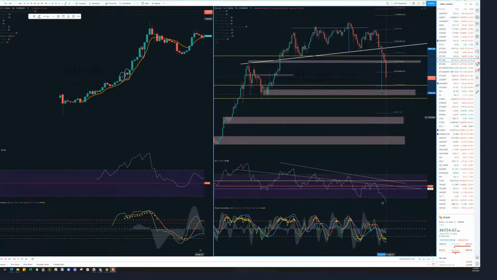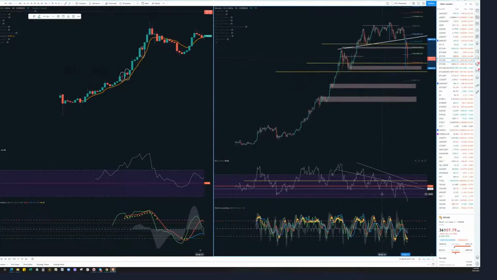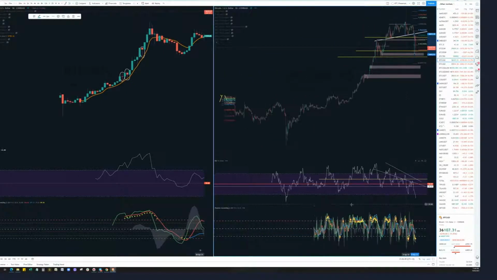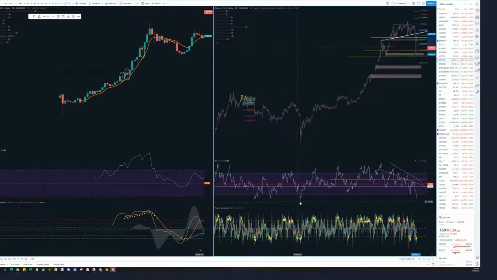Now look at the daily RSI. Realistically, that's 21%. That's very low, well overextended, well deep. And look at the last time that was much lower was the COVID scenario, which is 15%.